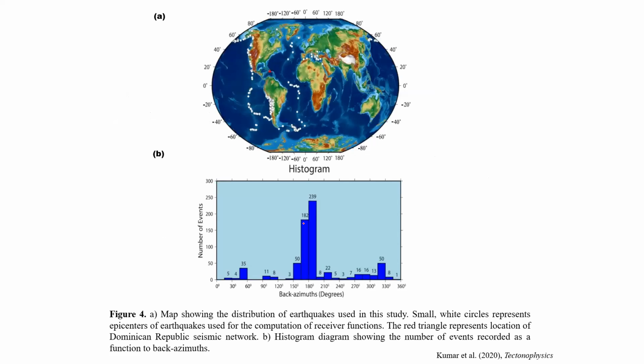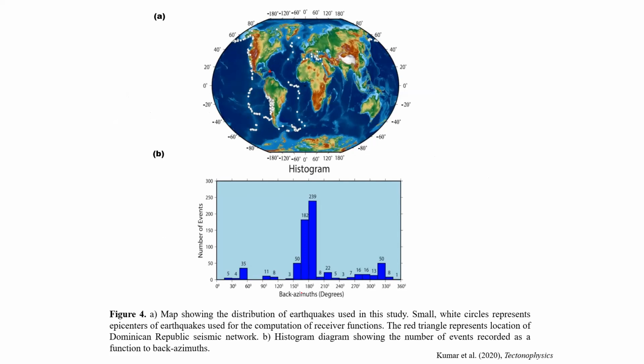And these are the statistics: the earthquake events for which the receiver functions were computed are shown, and the distribution of the earthquakes on the globe has been shown here. The triangle shows the location of the network for which the data were recorded. And this is the histogram of the events by back azimuth.